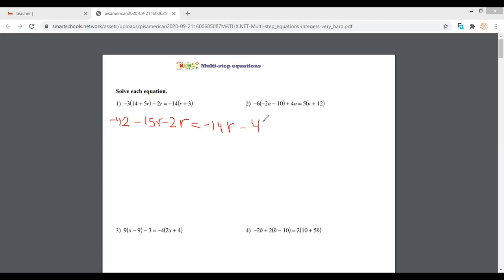Negative 42, right? So we will start to rearrange, right?